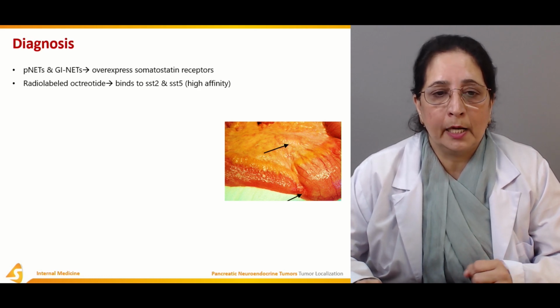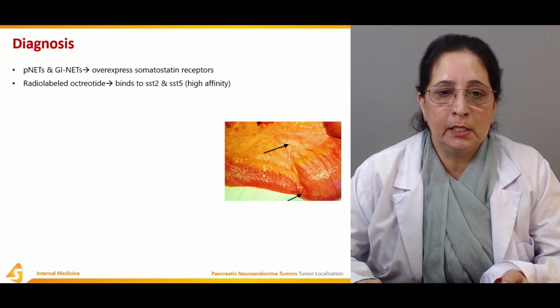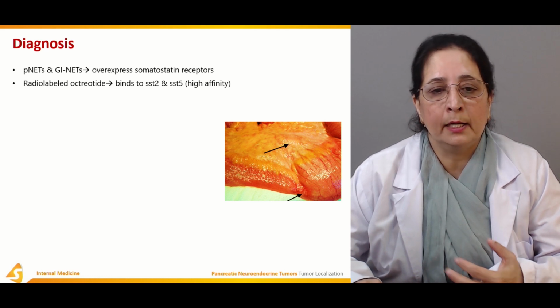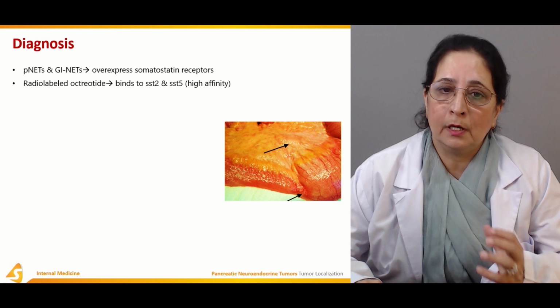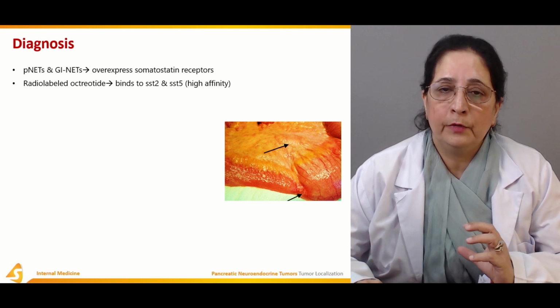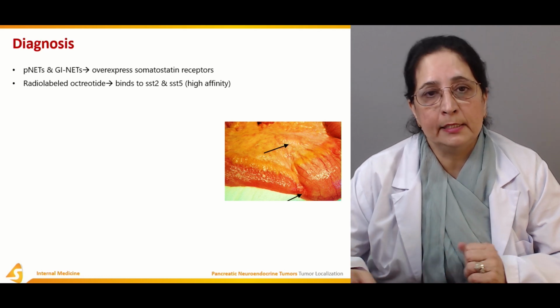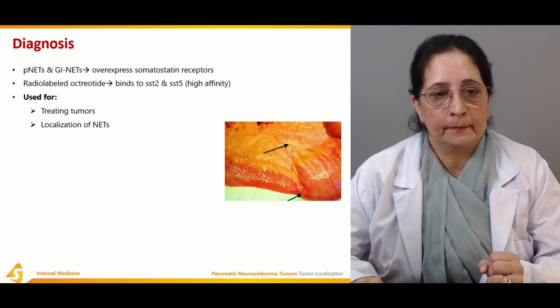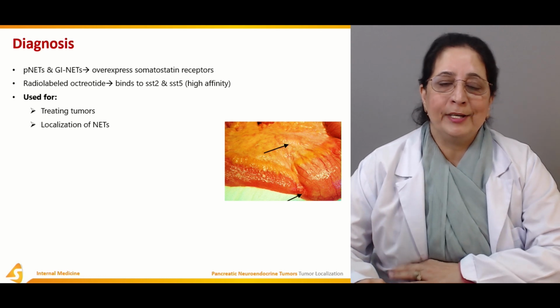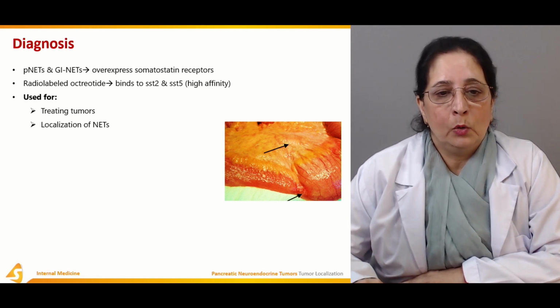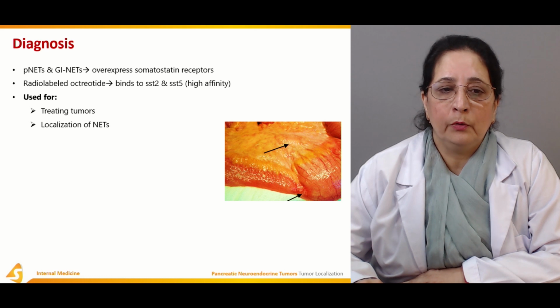Radio-labeled octreotide binds to SST2, somatostatin receptors 2 and 5, which are the major receptors. They have high affinity for these receptors. Used for treating tumors and localization of neuroendocrine tumors.